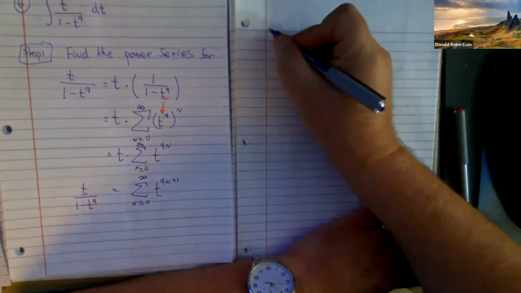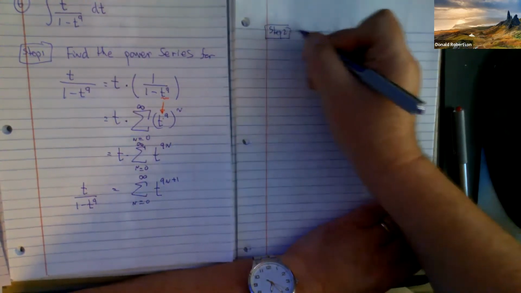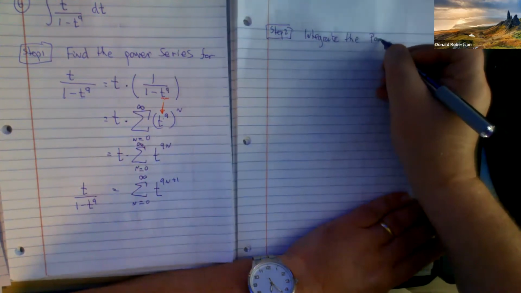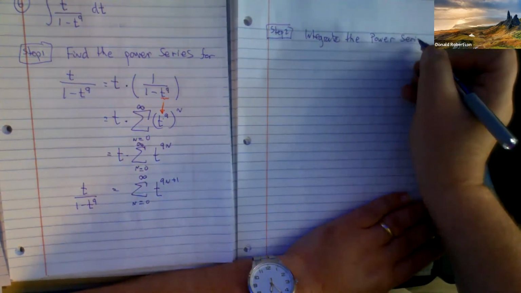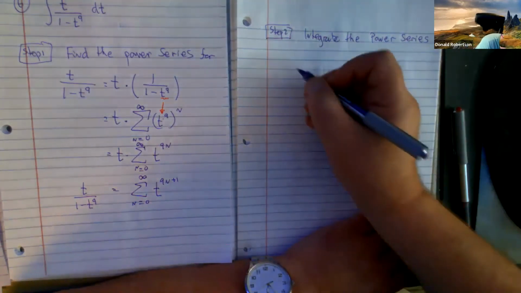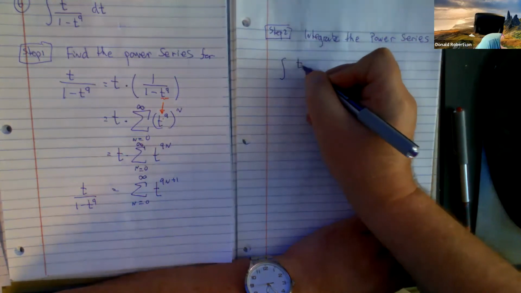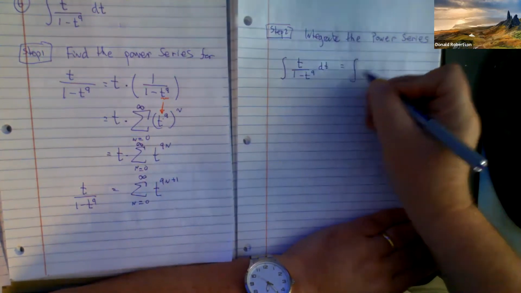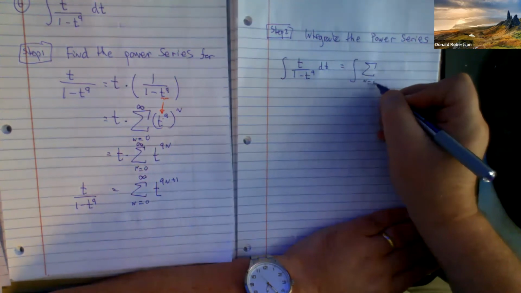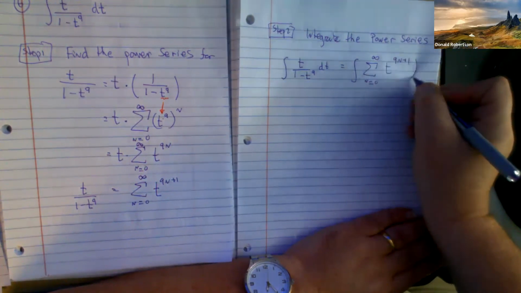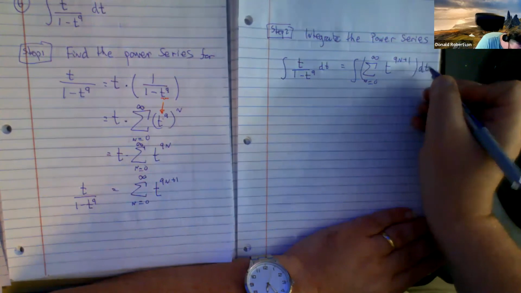Step 2. Integrate the power series. Well, the integral of this guy, which is what we're trying to find, is the integral of its power series. Right?